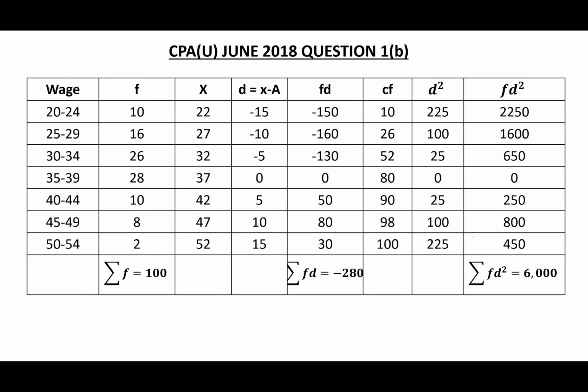And if I sum up, I get summation FD squared as 6,000. And that's the full table that we have used throughout the discussions and the sessions.